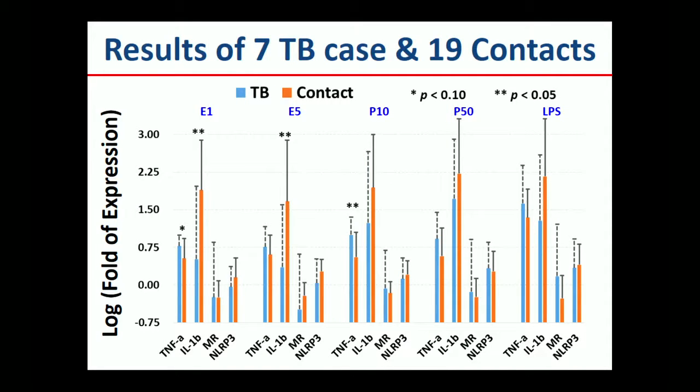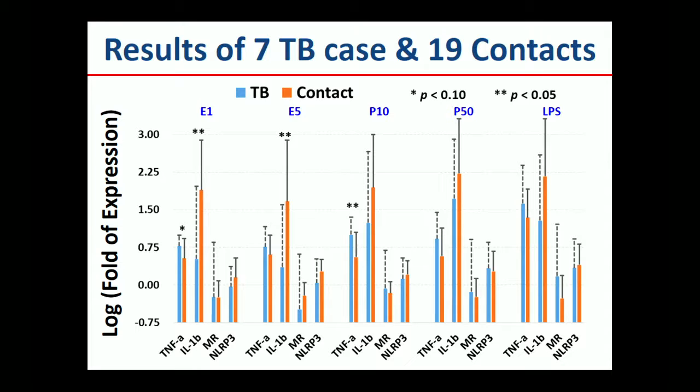And this study is currently ongoing, and we have analyzed the qPCR results of 7 TB cases and 19 close contacts with latent infections. The blue bars represent TB cases, and the orange ones represent contacts.